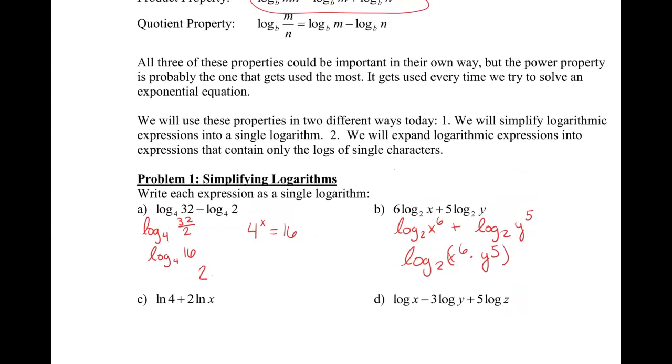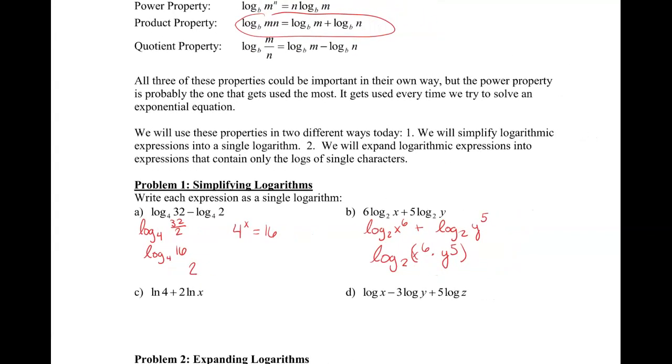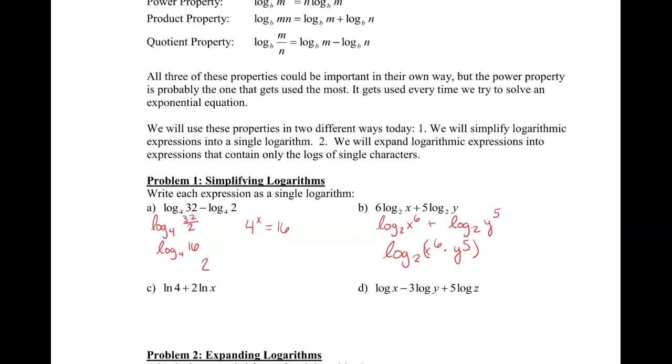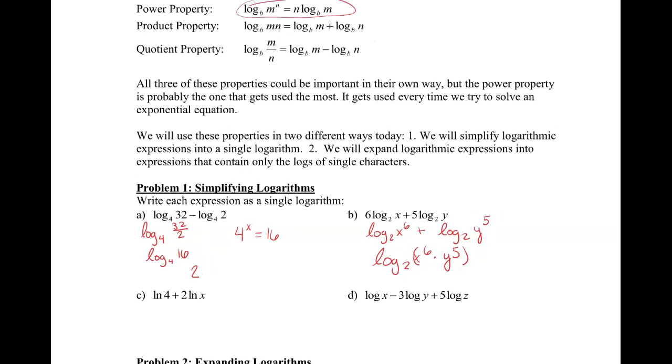Alright, and then scrolling out a little bit so you guys can still see those rules at the top. I've got ln of 4 plus 2 ln of x, so again, I see, okay, ln is just a fancy way to say the natural log, and it's still log rules. I've got that plus in between, and I've got that 2 out in front, so I'm going to be using my power property first again.